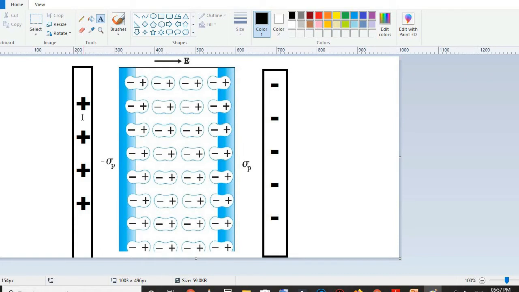The positive pole will be attracted to the negatively charged plate, and the negative pole of the dipole will be attracted toward the positively charged plate. So we got an alignment, thus it is polarized.